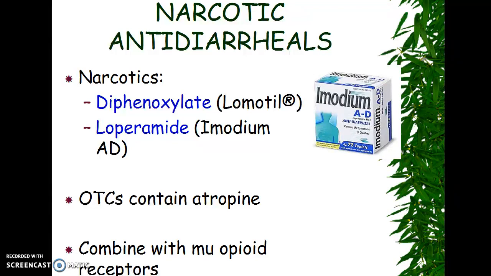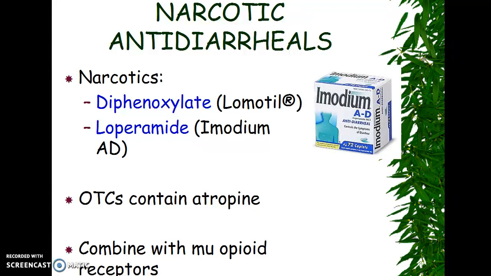Atropine is an anticholinergic. It tends to decrease secretions in the mouth, so it slows down some of the parasympathetic effects. It causes a dry eye and dry mouth, and that usually is a deterrent to people abusing this, because they would have to take a lot of it in order to have any kind of psychoactive effect.